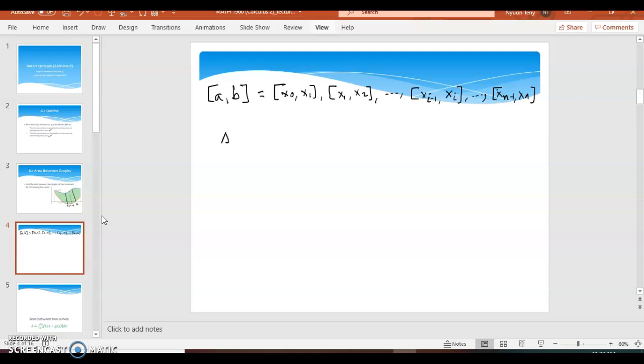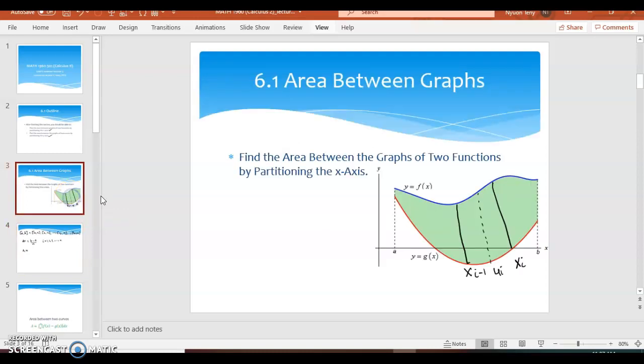Let's assume that delta x, which is the width of these subintervals, equals b minus a divided by n, where I equals 1, 2, 3, up to n. Now let's say A of I equals... how do we find A of I?